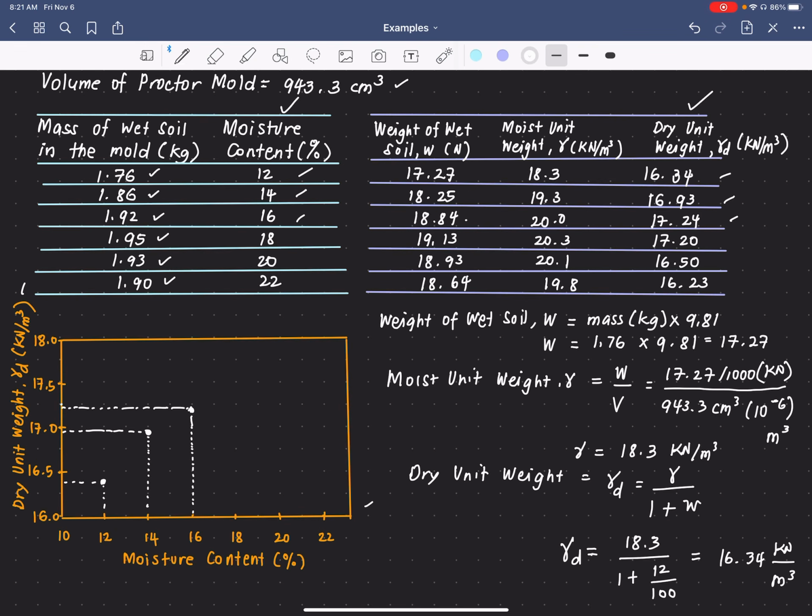Then we have a moisture content of 18 and a dry unit weight of 17.2. So since this is 17.2, that means the dry unit weight already starts decreasing. So this is 25, 24, and we have 20. So that's just very close here.